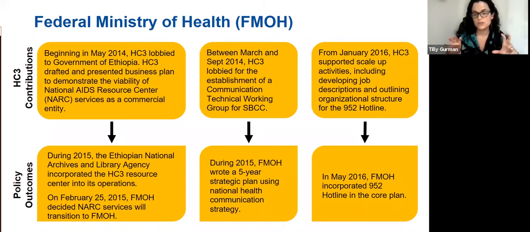So this 952 hotline, which was a hotline related to HIV/AIDS, the government took over and they were going to manage and implement it moving forward. They were incorporating that hotline into their core plan. So again, this idea that they were creating these policies that were going to be happening over a period of time after the project ended.